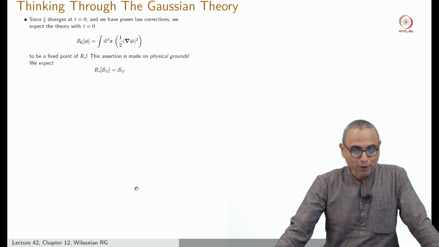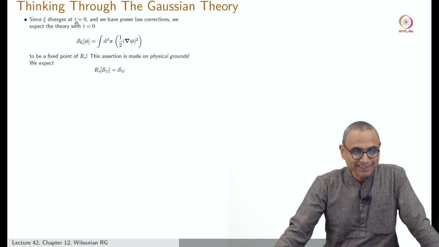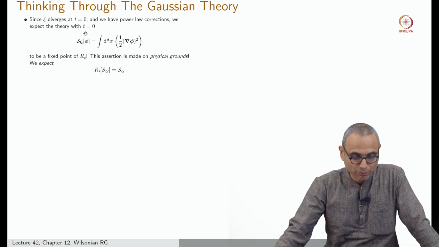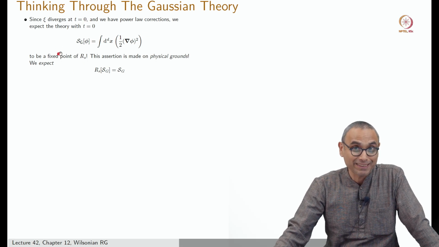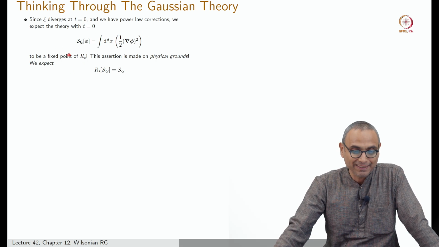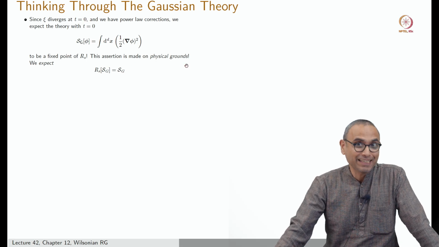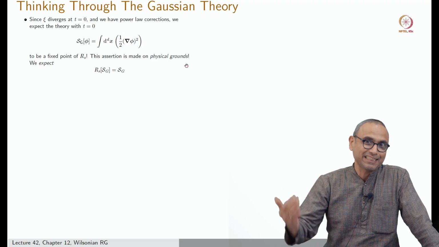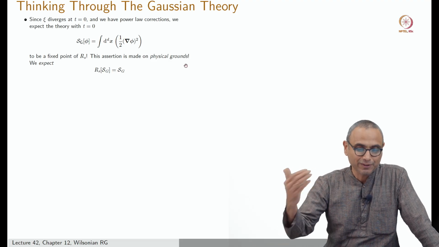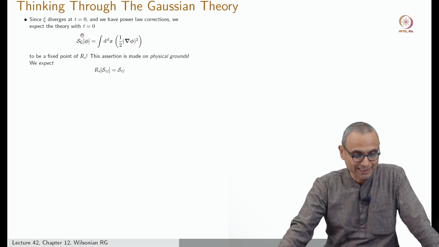As I just pointed out, if xi diverges as Tp goes to 0, we will expect that the theory with Tp equal to 0 will be a fixed point of the renormalization group. This is what we want to expect. So I am making this assertion on physical grounds. I know that this theory should have scale invariance given that it has power law correlations and so on.